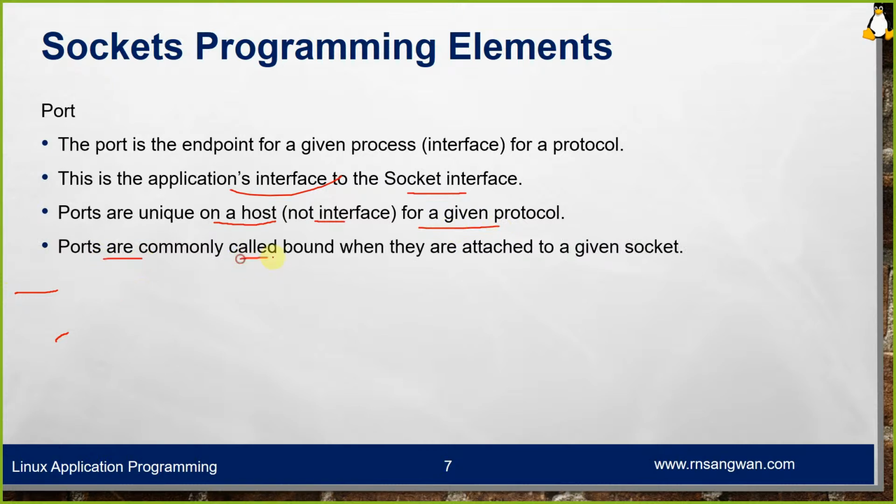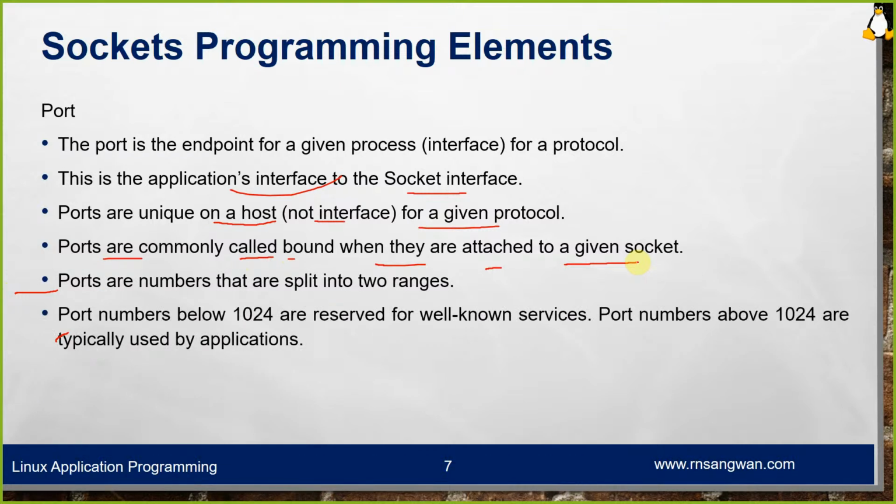Ports are commonly called bound when they are attached to a given socket. They are numbered and split into two different ranges. Port numbers below 1024 are reserved for well-known or privileged services. Port numbers above 1024 are typically used by applications.